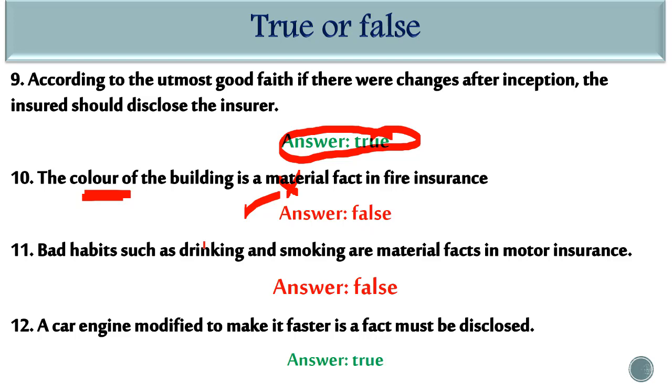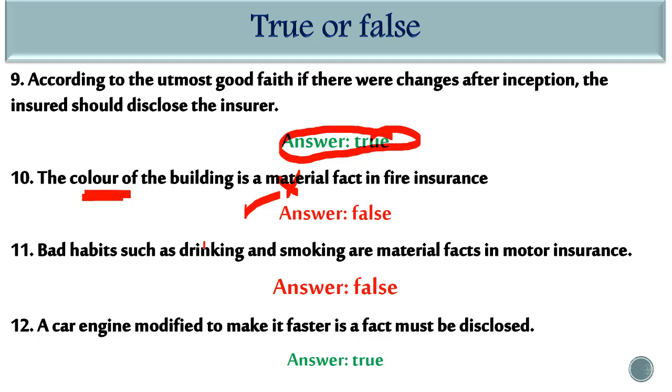Number 11. Bad habits such as drinking and smoking are material facts in motor insurance. In motor insurance, material facts are the type of vehicle, the purpose of its use, the age of the vehicle, and driving record.